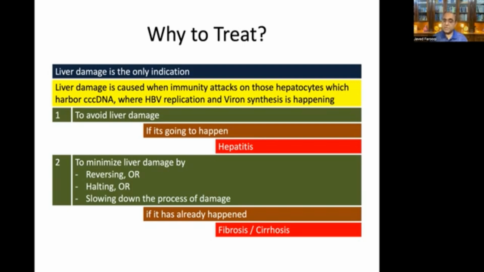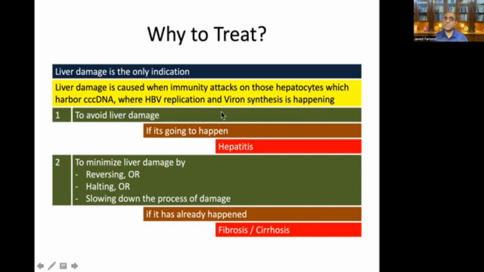The reason is to prevent reactivation, to minimize the liver damage if the damage can be reversed, to halt any further fibrosis, or to slow down the process of damage. If a patient's fibrosis is changing from F3 to F4, it should happen in one year's time, or in two years' time, rather than in six months.